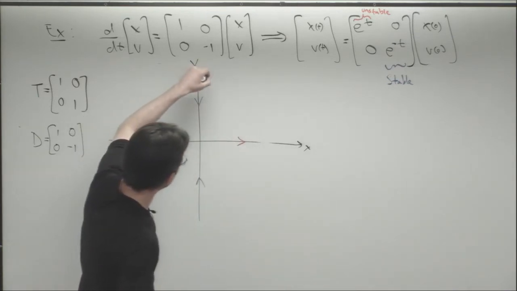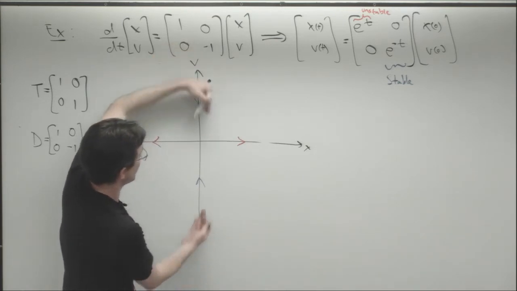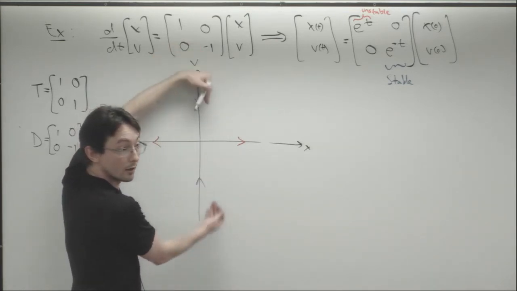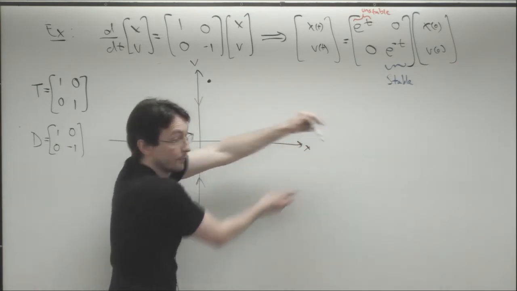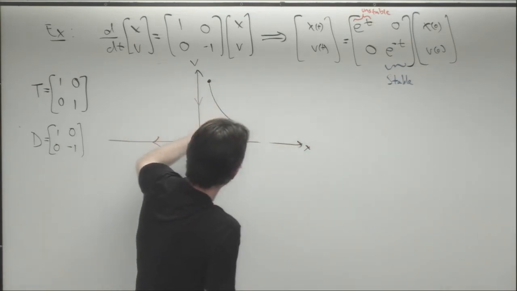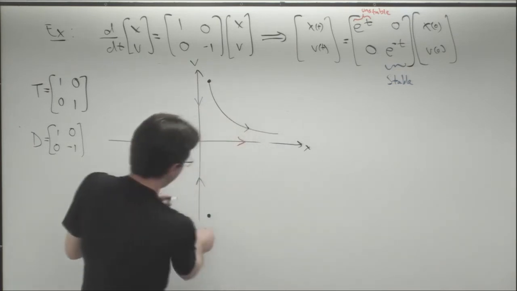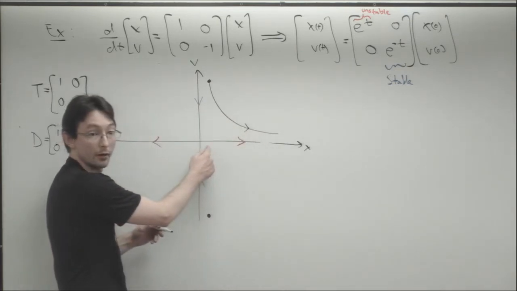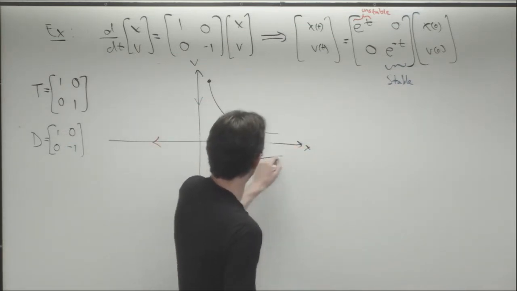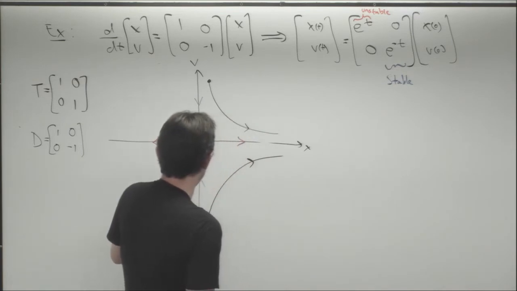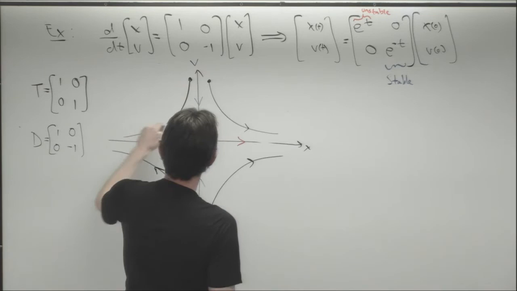So if I start with a little point here, it's going to move in towards the origin in the v direction. And as it does that, it's going to grow to infinity in the x direction. So it's going to look like that. Same thing for down here. The v part of this is going to go to 0. And then the x part is going to go to infinity. And I can just draw this, keep going.